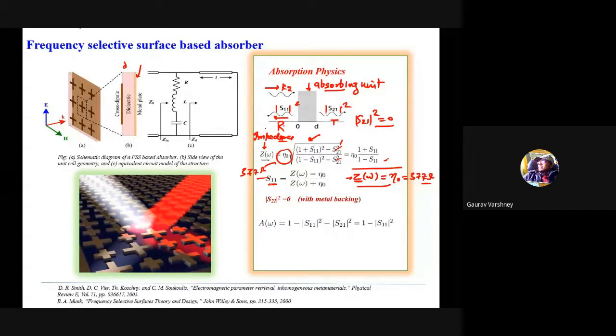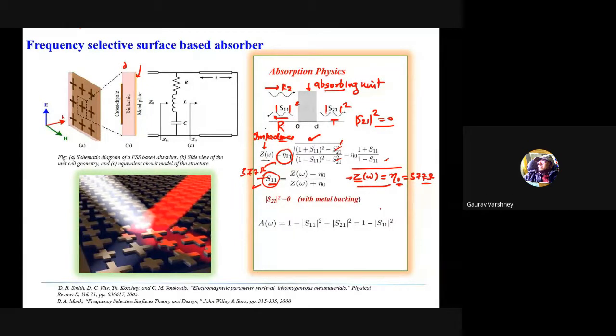So it totally depends upon the value of the reflected wave. If this is 0, then the impedance will be perfectly matched. If this is near about 0, then the impedance offered by this absorbing unit will be near about eta naught. This is the basic concept, the first basic concept that we must understand.